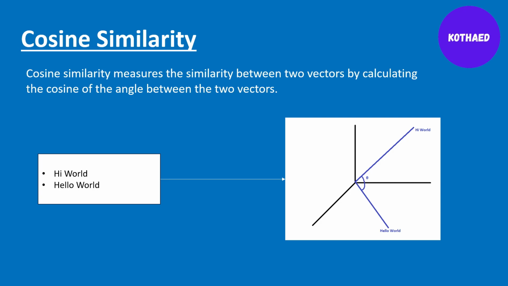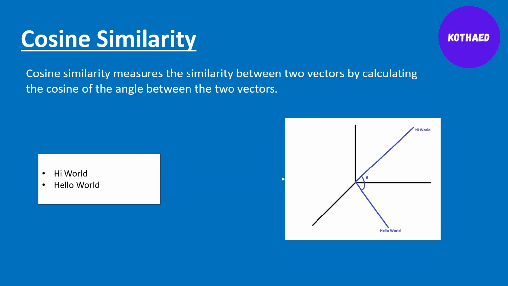First, the cosine similarity will draw these two vectors in an XYZ dimensional graph, hi world and hello world. If you see, hi world will be drawn between X and Y axis, for example, and hello world has been drawn between Z axis and Y axis. And to find out how similar these two sentences are, we have to identify the theta. The value of theta defines the similarity between those two sentences, hi world versus hello world.